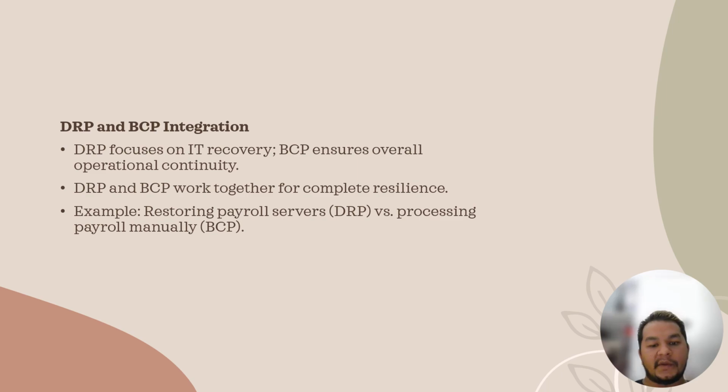The plan must also include incident response procedures, which detail immediate actions like containment and escalation. A communication strategy is also essential to keep stakeholders informed. Finally, DRPs must be maintained through regular testing, updates, and training to remain effective and relevant in a changing environment.